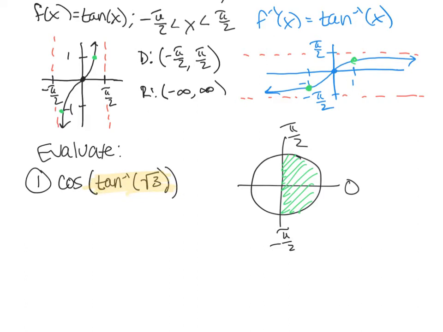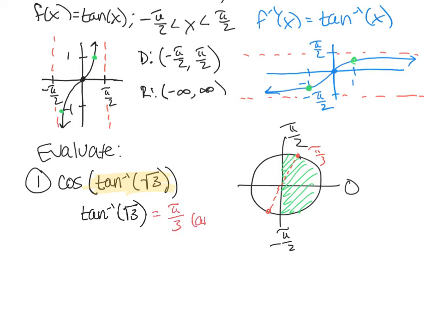Okay, so let's see. Let's do tangent inverse of the square root of 3. Square root of 3 happens in 2 places on the unit circle. For tangent, it happens here, and it happens here. But this one in the green section is the only one we care about, and that is at pi over 3.